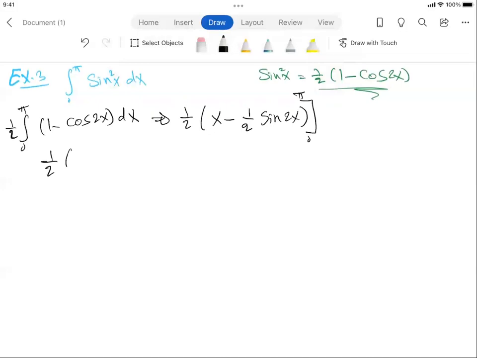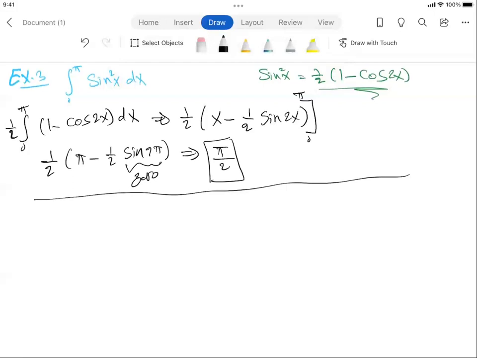So let's see, 1/2 pi minus 1/2 sine of 2 pi, and substituting 0 for x gives you 0. Sine of 0 is 0, and sine of 2 pi is also 0. So I get my final answer to be pi over 2.